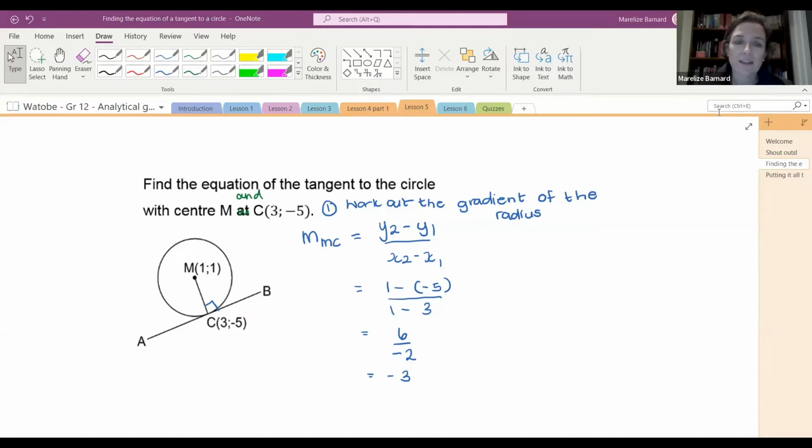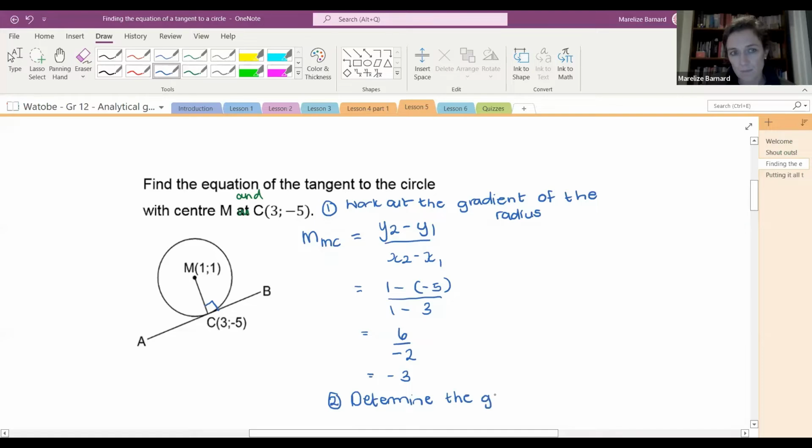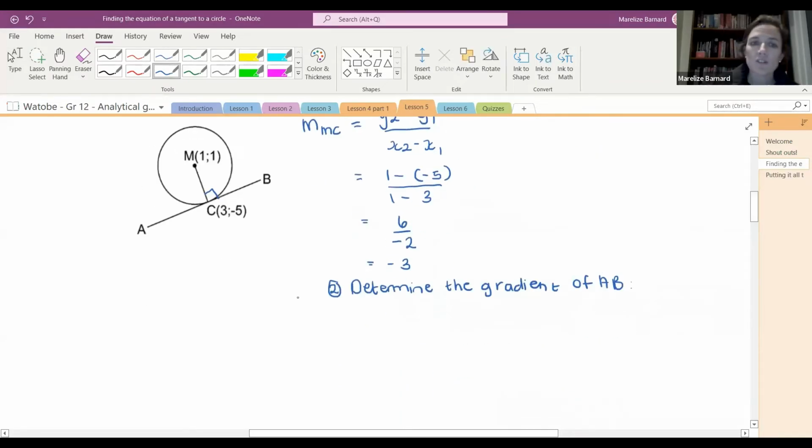Okay, so that's the gradient of MC. Now we're going to determine the gradient of the tangent, which is AB. To find it, we are just going to use our M1 times M2 equal to minus 1 concept.